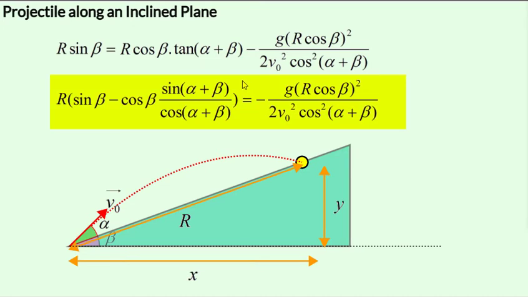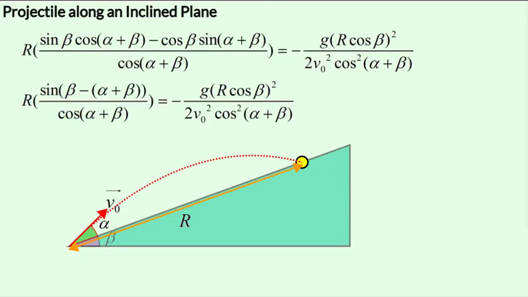Now let's bring the r terms over to the left-hand side. Now we expand the left-hand side and we can identify the trigonometric pattern of sin A cos B minus cos A sin B, which simplifies to sine of (A minus B). So A here is beta and B is alpha plus beta.